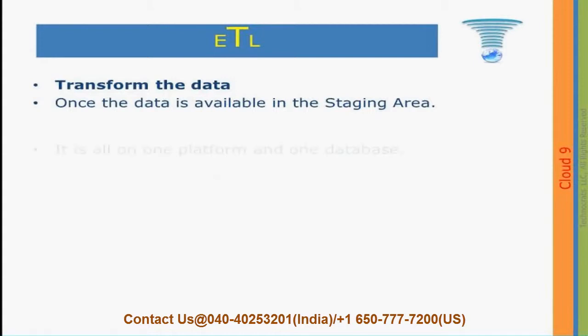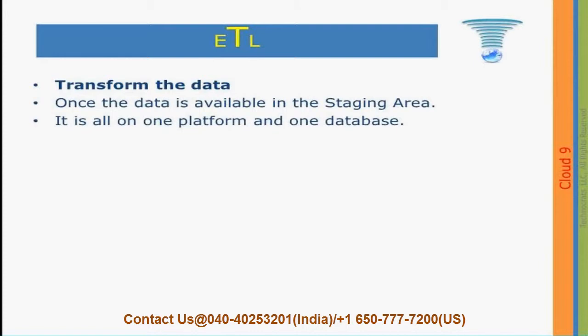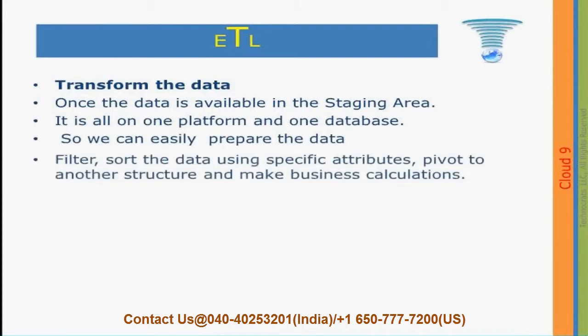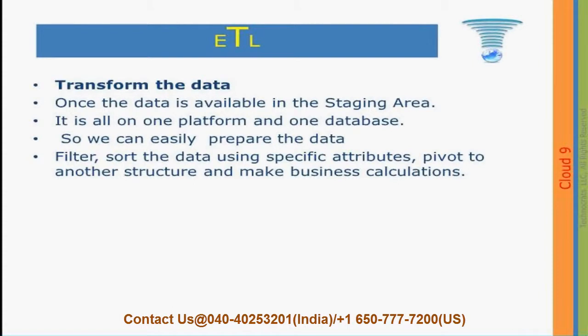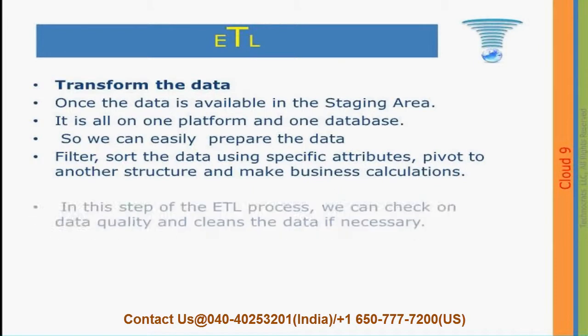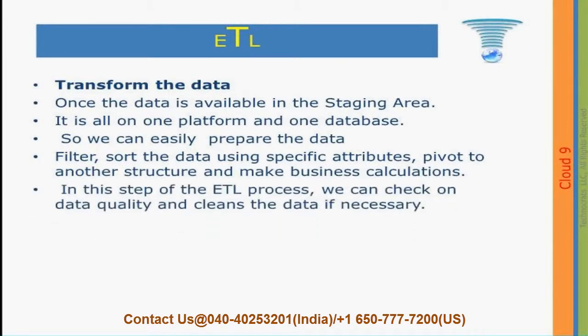Transform the data. Once the data is available in the staging, it is all on one platform and one database so that it can be easily prepared. Then we start filtering out the unwanted data and then try to standardize the format of the data, because we all know if you are being given an application in order to join a university, and there were not many restrictions on the application and no one indicates mandatory fields, then we will be hesitant to put our phone number.